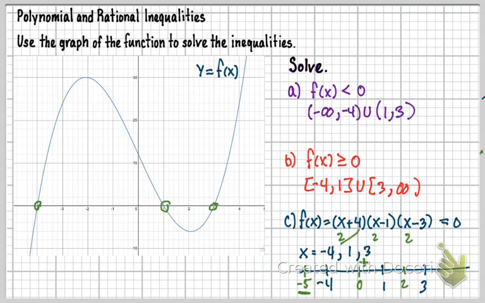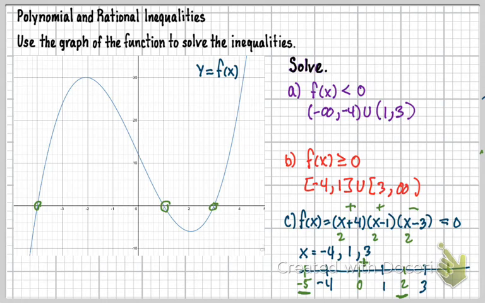So now when I plug that 2 in there, 2 plus 4 is positive. And then 2 minus 1 is positive. And then 2 minus 3 is negative. So a positive times a positive is positive, times a negative is negative. So I know at 2, it's going to be negative.